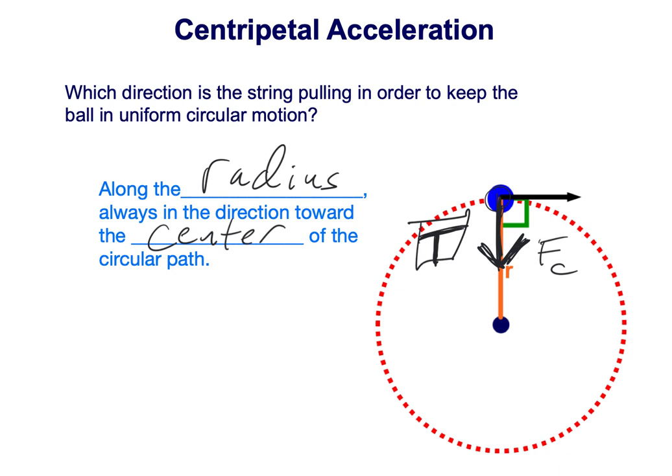And that tension is the centripetal force. In this case, the centripetal force is that force that keeps it accelerating. So that, when I say accelerating, the direction keeps on changing, but the speed's not changing of the ball. So that tension is along the radius, always in direction towards the center of the circle.